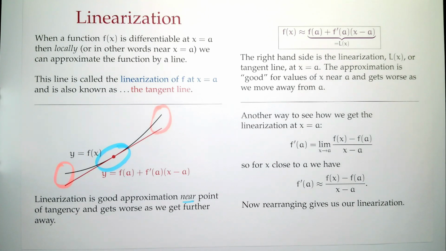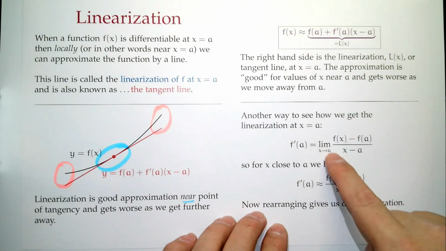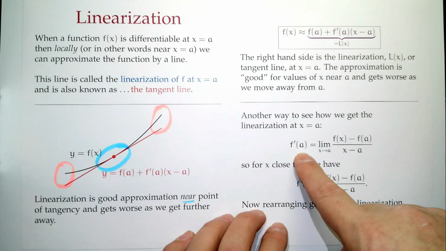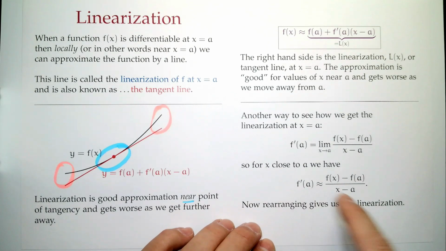As x gets close to a, this expression, f of x minus f of a over x minus a, should be getting close to f prime of a. So f of x minus f of a over x minus a is approximately f prime of a.